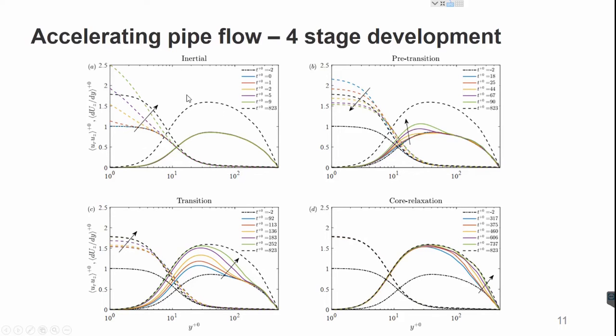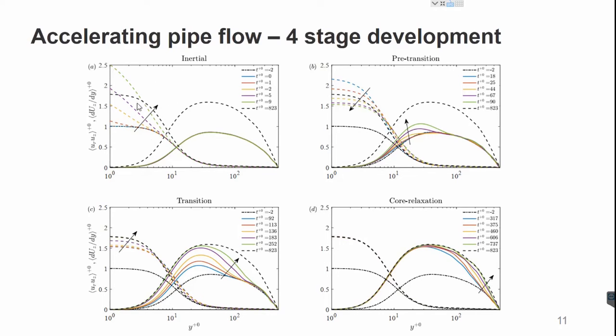The inertial stage mainly happens when we're accelerating the flow during the early acceleration. During this time, what we see in the response is that the viscous stresses grow a lot and very close to the wall. This gives us the reason why the skin friction coefficient has this non-linear growth we saw a couple of slides before.